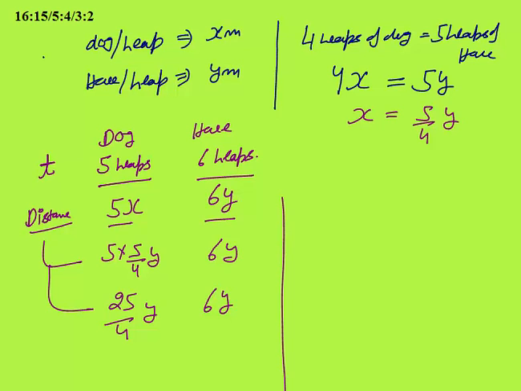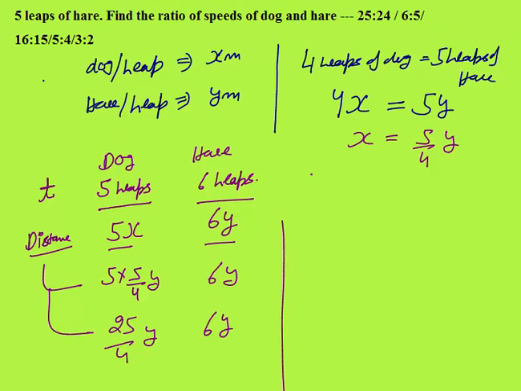Now what do we need to calculate? We need to calculate the ratio of the speeds of the dog and the hare. What is speed? Speed is distance upon time. Let's say d1 is the distance covered by the dog and d2 by the hare. The time is the same for both, because in the same small t both covered.